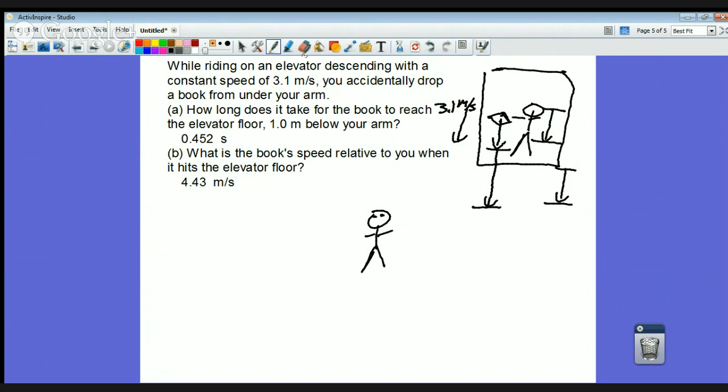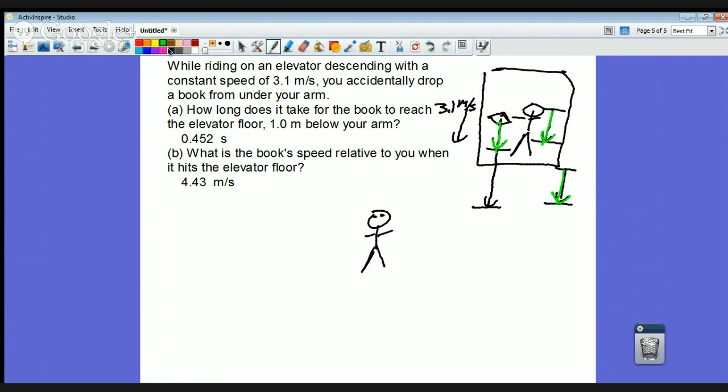So these arrows, which I probably should have used a different color for. All of these green arrows are the same length because you're all going to move the same amount in that 0.452 seconds, because you all had the same 3.1 meters per second velocity to begin with.